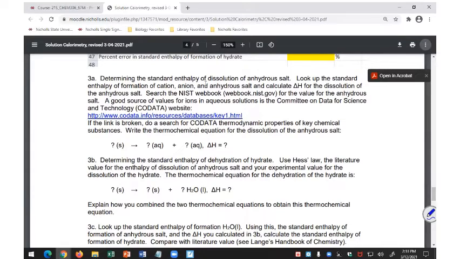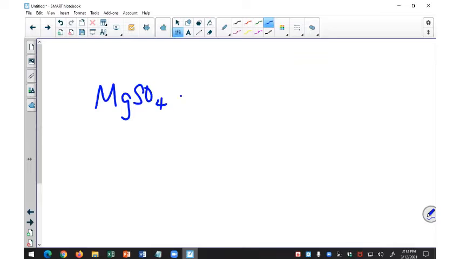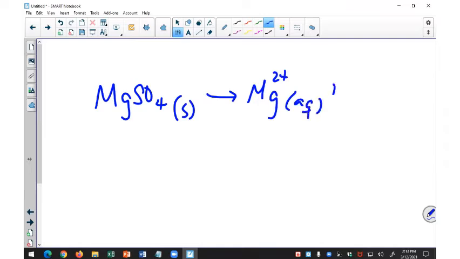Determine the enthalpy of dissolution of the anhydrous salt first. Let's do first the enthalpy of hydration, the enthalpy of dissolution of the anhydrous salt. So first of all, let's do this one. Magnesium sulfate solid. Let's say you want to get magnesium ions aqueous plus sulfate ions aqueous. Okay, let's get the delta H for that one first.